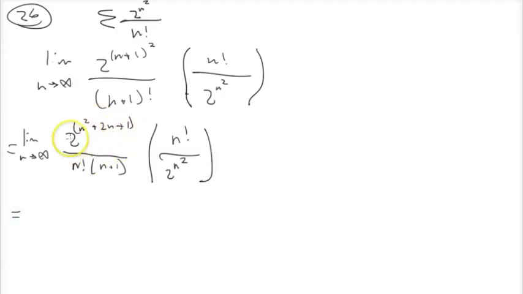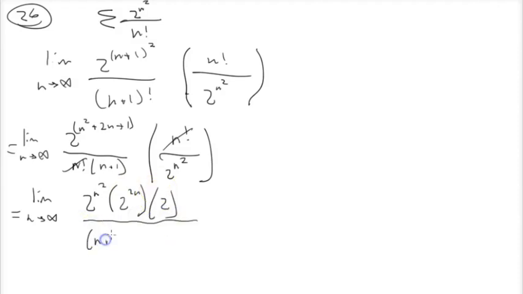So already we can cancel out our factorials first off, and then we can expand out that expression right there, and we're going to get the limit as n approaches infinity of 2 to the n squared times 2 to the 2n times 2 over (n plus 1) times 2 to the n squared. So our 2 to the n squareds are going to cancel out, and we're left with the limit as n approaches infinity of 2 to the 2n times 2 over n plus 1.